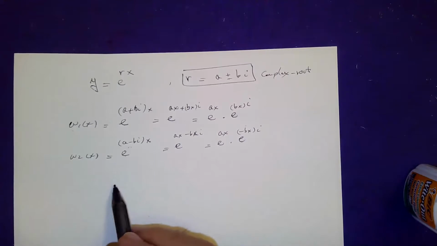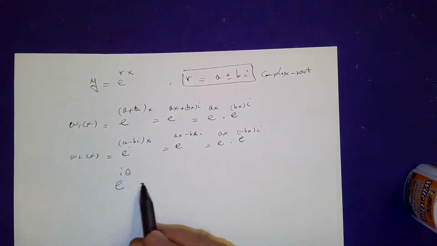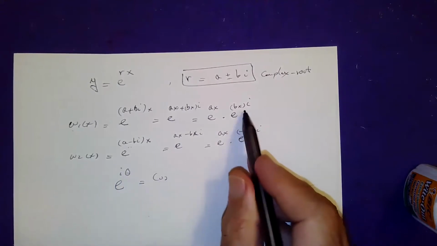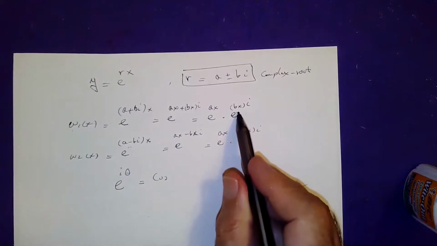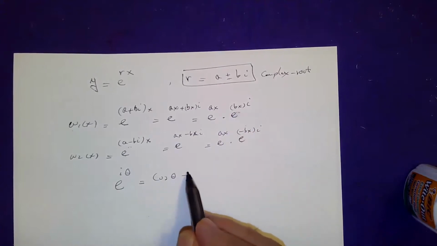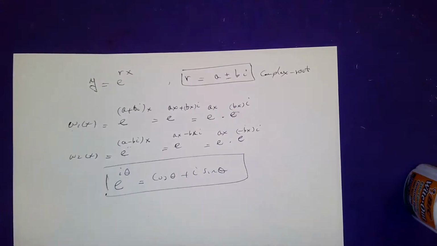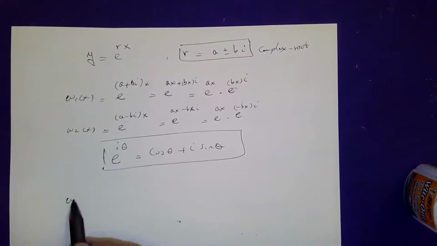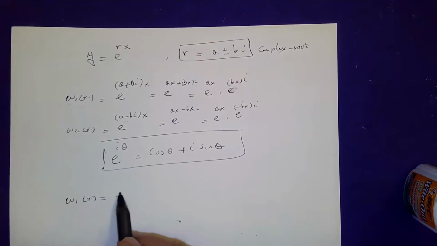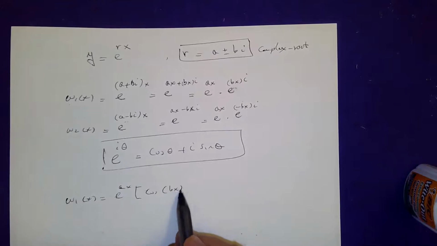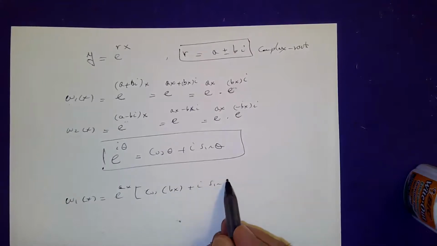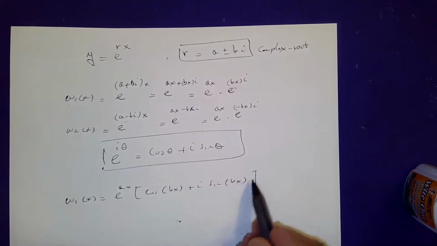But then I'm going to use Euler's formula and replace these e to the i times something with this formula. Correct? So W1 is going to be e to the ax times cosine of bx plus i sine of bx. That will be this guy.